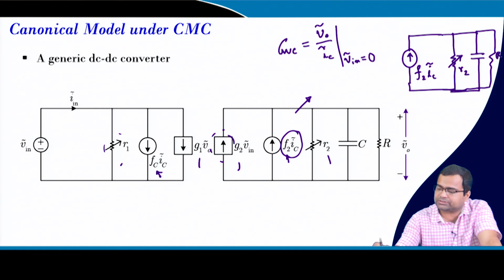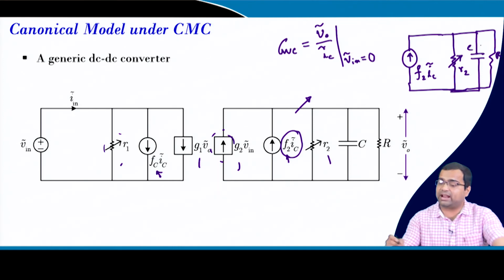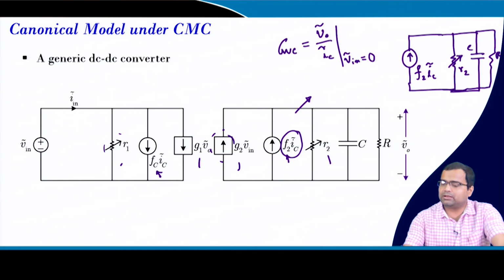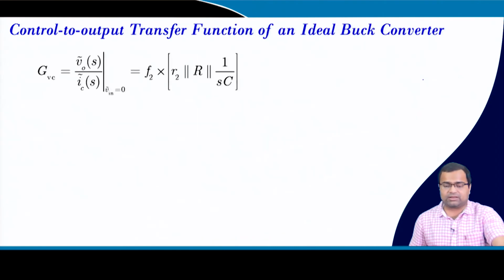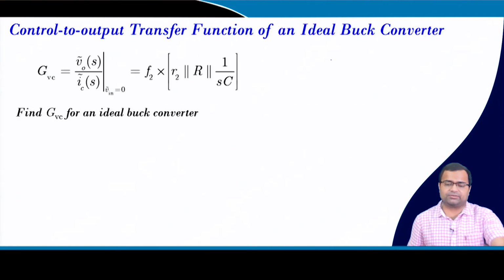This is my load resistance, okay. This is my capacitor. That means, if I want to get V0, which is my terminal voltage, it will be the parallel combination of R2, C and R, multiplied by F2. Oh, sorry, it should be multiplied by, because the current is in the denominator. Okay, F2 into all these three, R2, R, C, S.